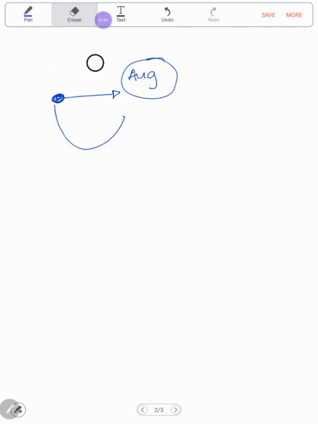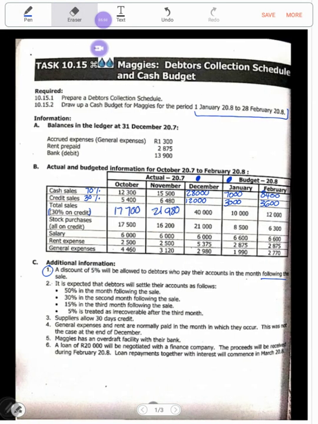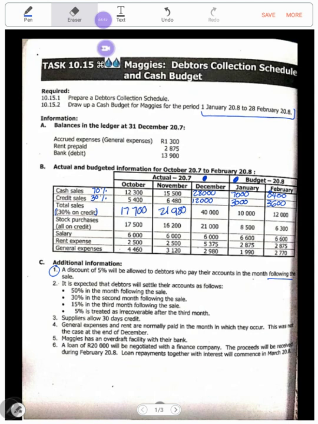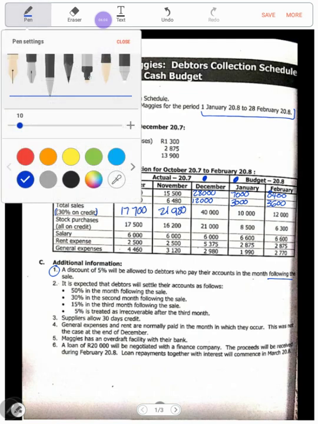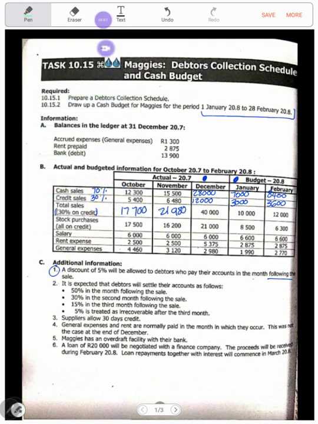So let's have a look at our actual budget period. In October, we had credit sales worth, I just want to make one thing clear to you. When you are focusing on your debtors collection schedule, all you are interested in is your credit sales that we have over here.